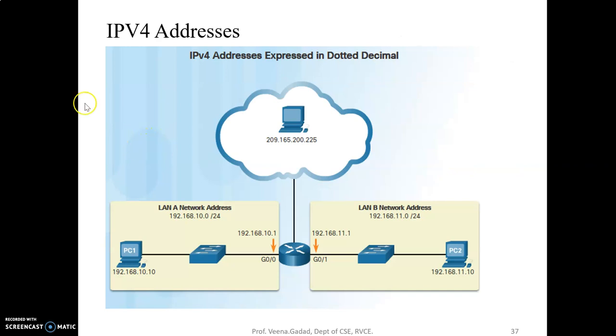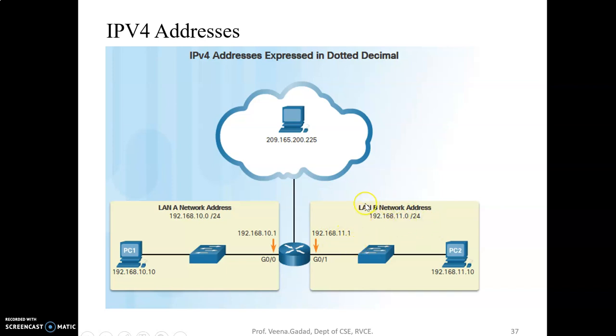Okay. Let us see how it looks through an interface. You have a machine of 209.165.200.225, and it is connected to a router with three interfaces. At one interface is your switch, and at another interface you have one more switch, and the IP addresses over here are 192.168.10.1, and for this you have 192.168.11.1.